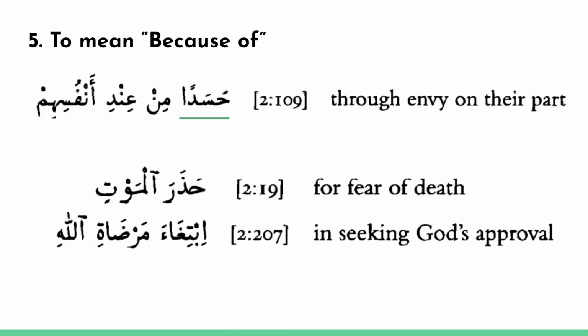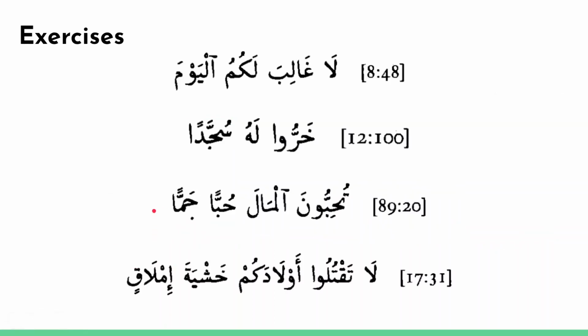You know, they did certain things because of fear of death. ابتغاء مرضات الله. ابتغاء means seeking. مرضات الله, the approval of God. So because they are seeking the approval of God, that's why ابتغاء is in the mansub case. Alright, so we've seen 5 different situations that can cause an ism to take on the mansub case.